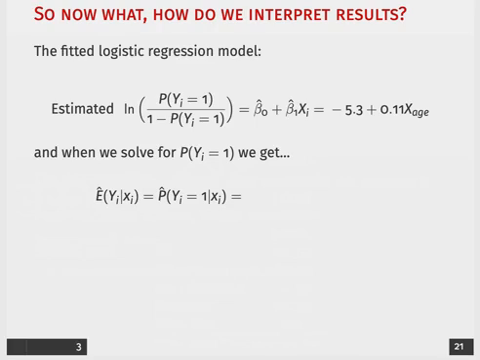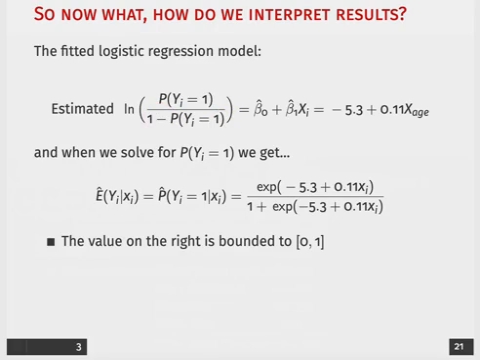The way we transform this is by taking the exponent of the top part, which is negative 5.3 plus 0.11 times whatever our value of X is, over 1 plus that exponent.